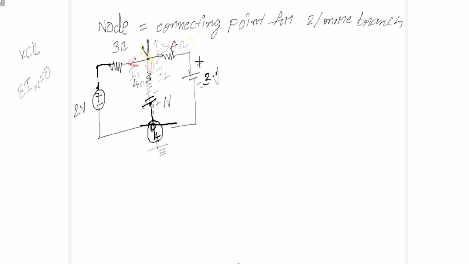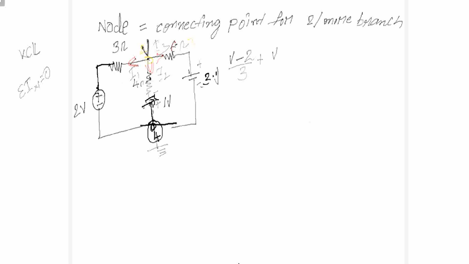So V minus 2, V minus 2 by 3, because if I consider this as positive, it is seeing positive, again positive, then we have to consider minus; this is your I1. Plus, what about this one, I2?